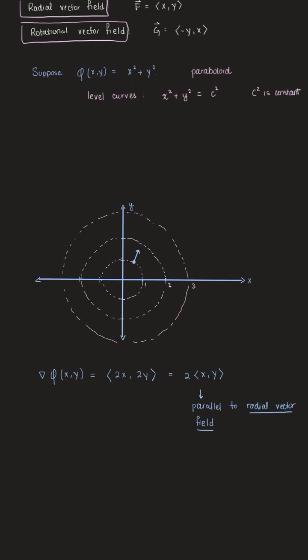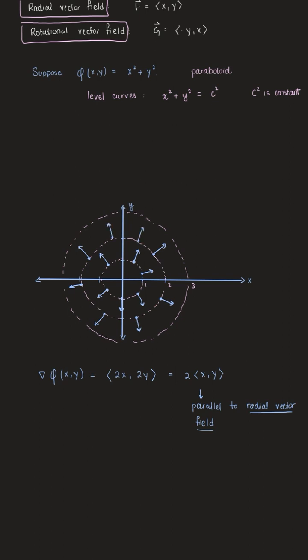So they're always perpendicular to the level curves. And so if we draw our perpendiculars to the level curves at different points, then we have our radial vector field, because the radial vector field is a scalar multiple of the gradient field of this multivariable function. So that's great.